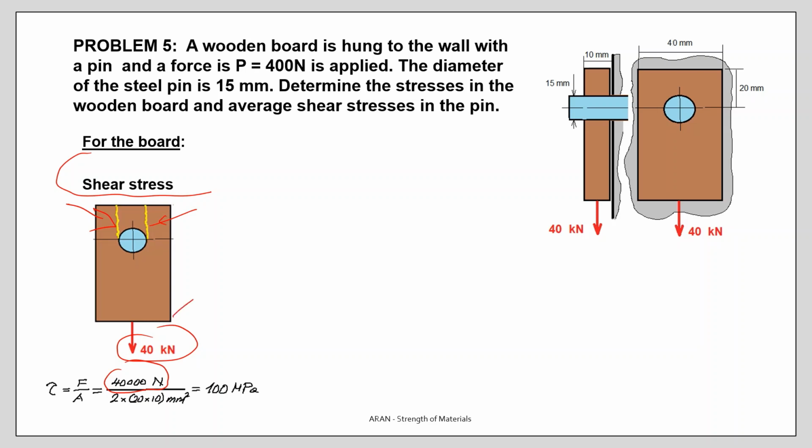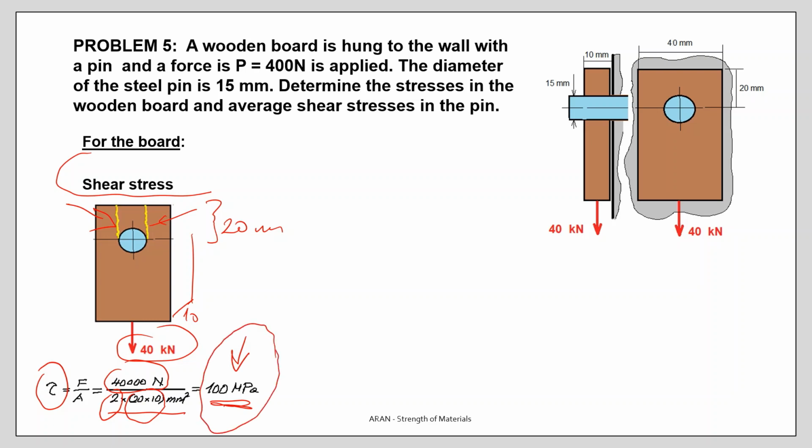The thickness is 10 millimeters, and this length is 20 millimeters, and we have two sections. 2 times 20 times 10 millimeters squared is the total area. The calculation gives us 100 megapascals. 100 megapascals is the shear stress acting on these sections. If the wooden material has a strength which can withstand this stress value, there will be no failure.